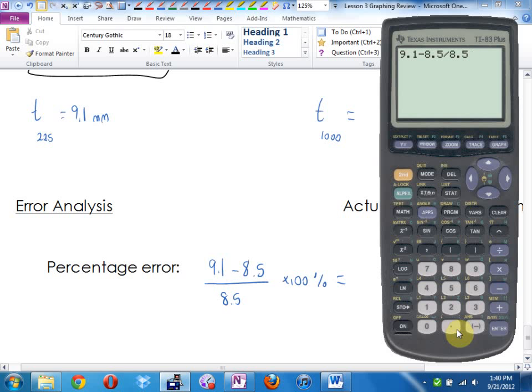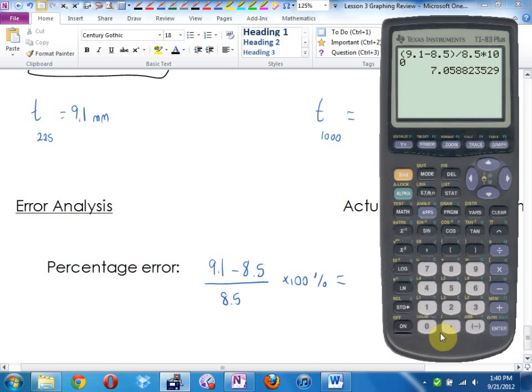Yeah. Divided by, because rules of math division, I've got to put the top in brackets. You know why? Because there's two numbers up there. My calculator, by default, assumes that stuff is supposed to be on top. So I've got to type it like this. Bracket, 9.1 minus 8.5, close bracket, divided by 8.5 times 100.